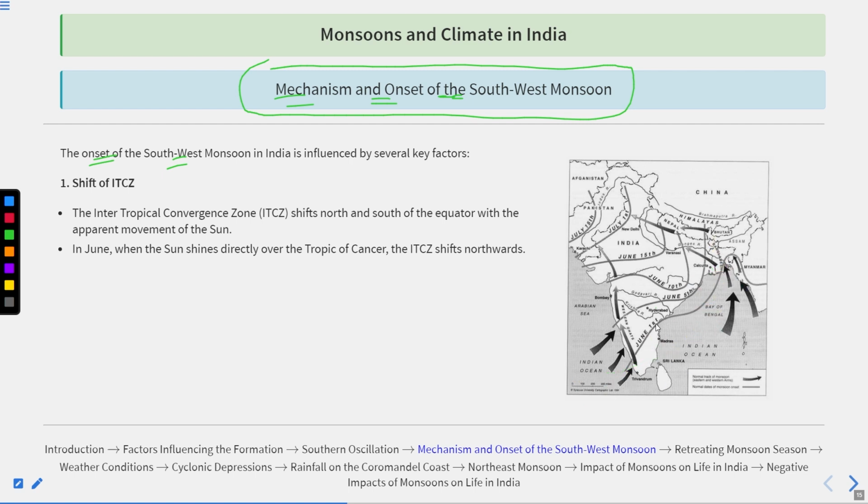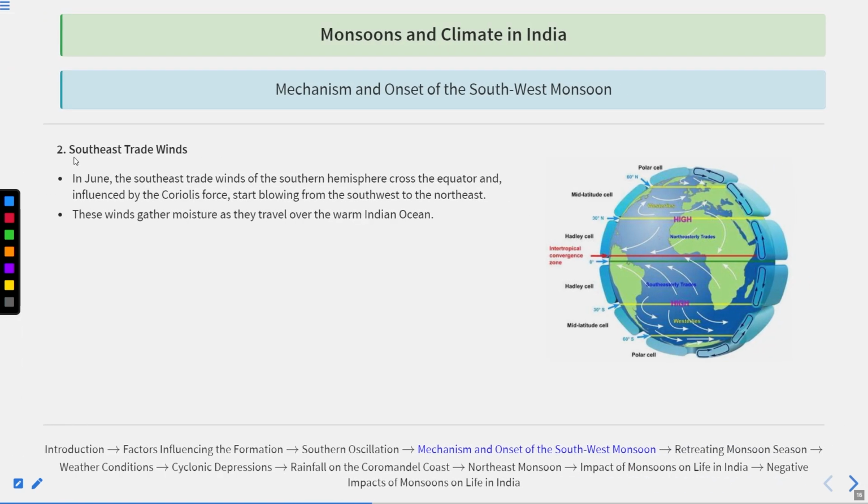If we talk about the mechanism, first is the shift of the ITCZ. The intertropical convergence zone, or the ITCZ, shifts north and south of the equator with the apparent movement of the sun. In June, when the sun shines directly over the Tropic of Cancer, because of this the ITCZ shifts northwards.